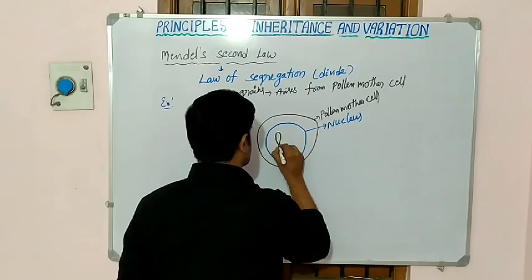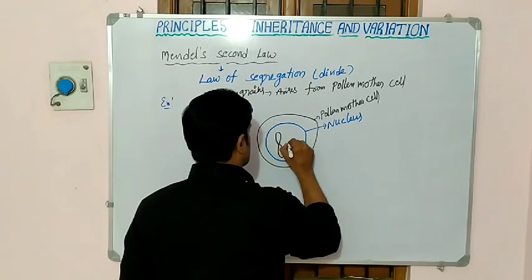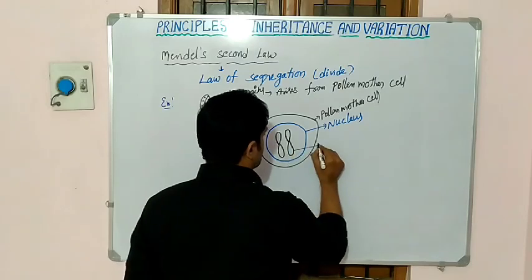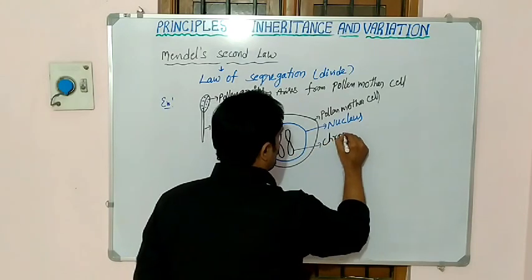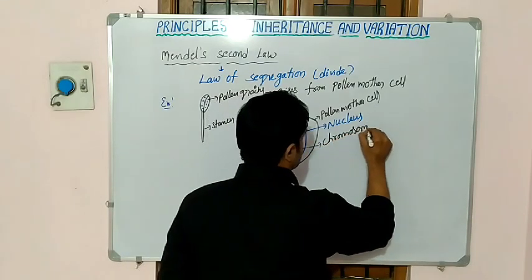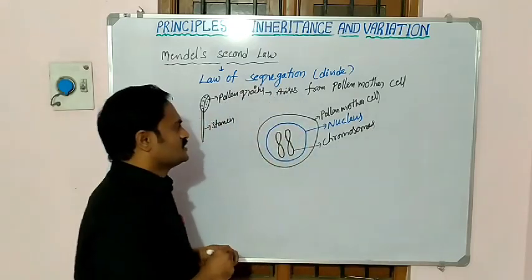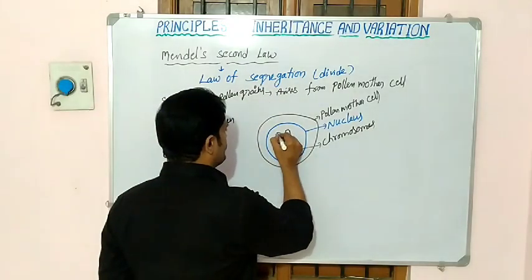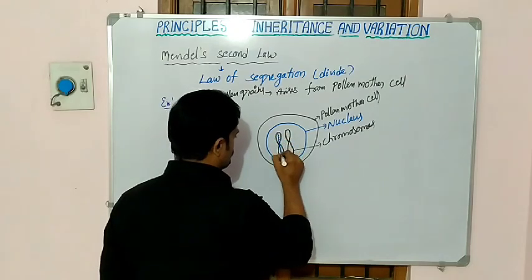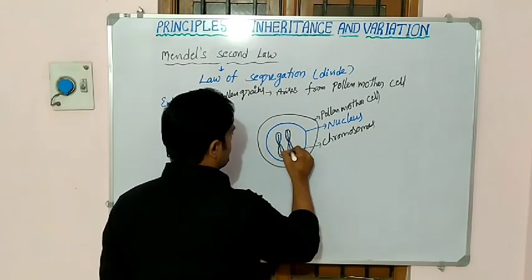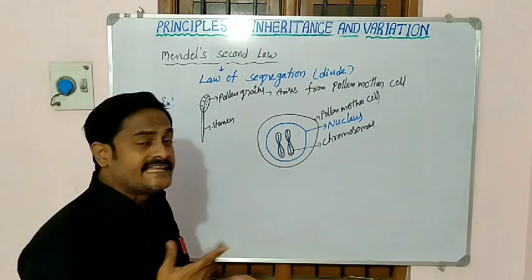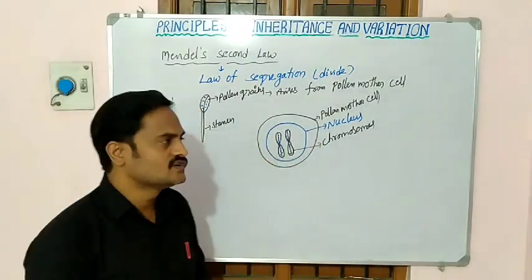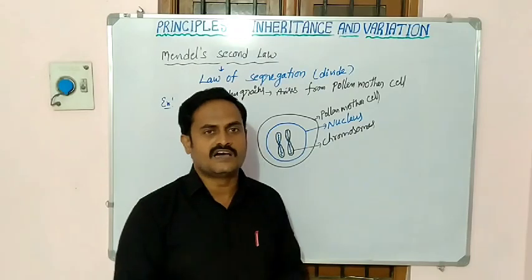Suppose these are the chromosomes. Inside the chromosomes is DNA. This is called DNA. DNA consists of genes, and the genes consist of alleles.